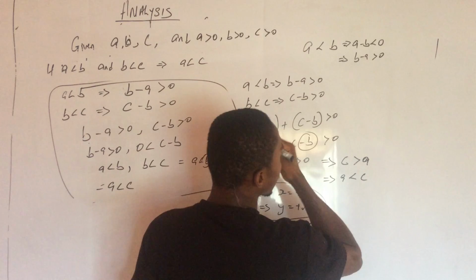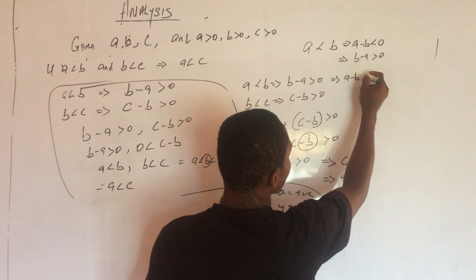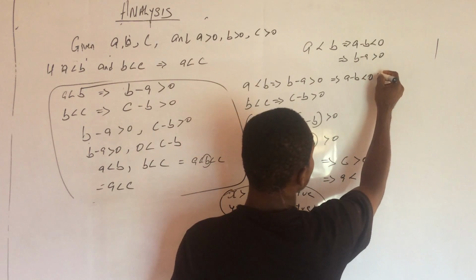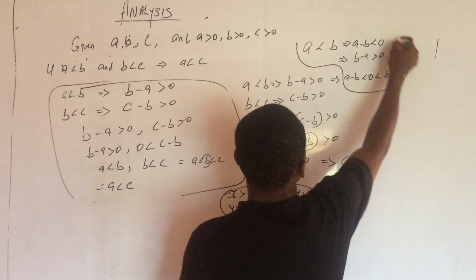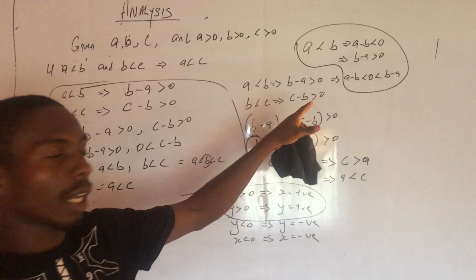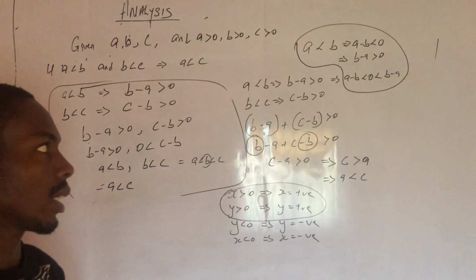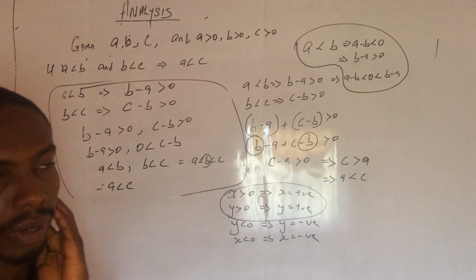So now here, this implies that A minus B is less than 0, which is less than what? B minus A. I did this in the previous video, and I asked you guys to remind me of this. And this is now what is going to pull us to the absolute value function.